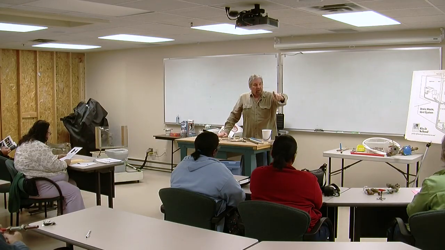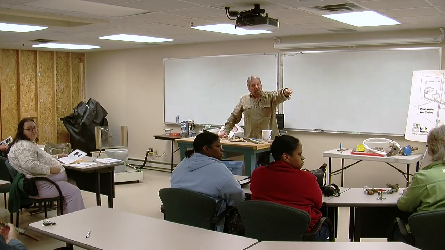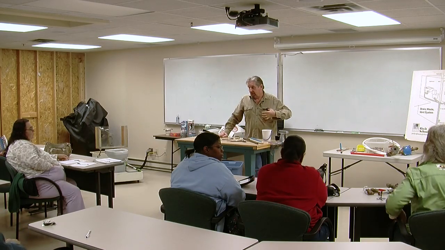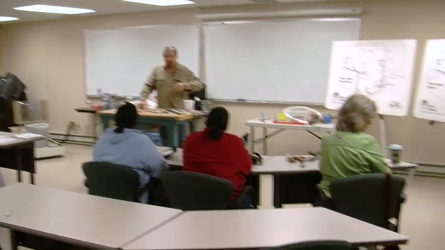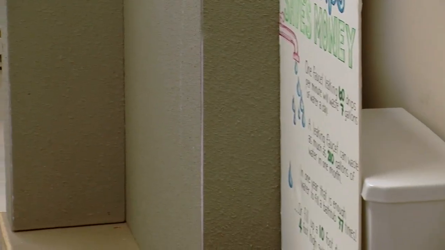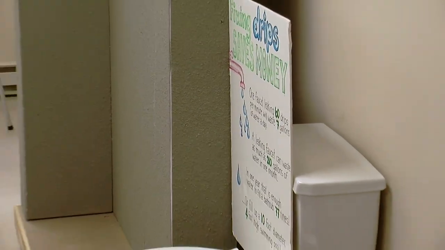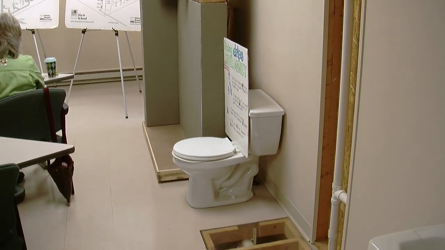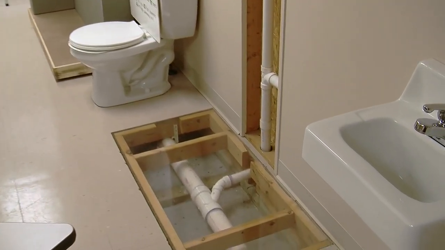There's a chart over there on the wall that talks about the amount of money that you lose by dripping. So if you look at that, it says that one faucet leaking 60 drips per minute, that's 1 a second, wastes 7 gallons of water a day.